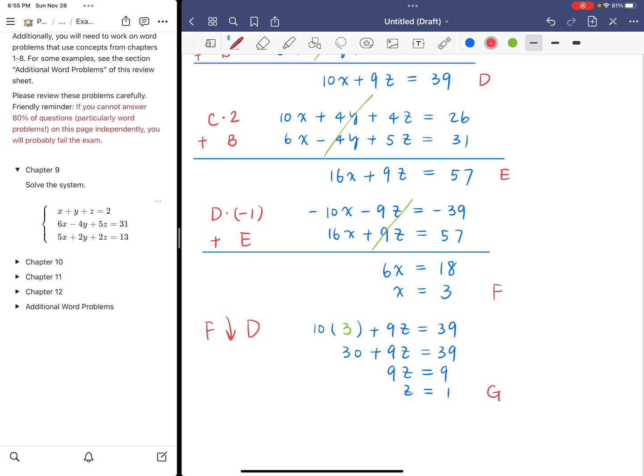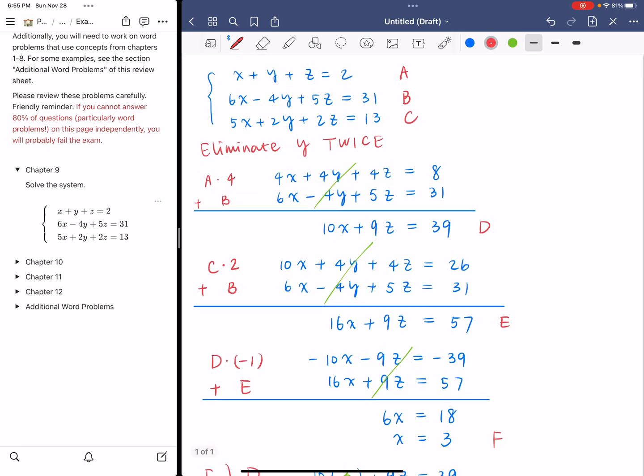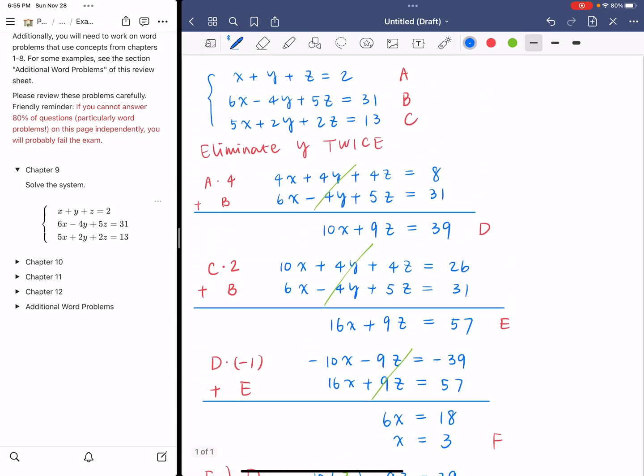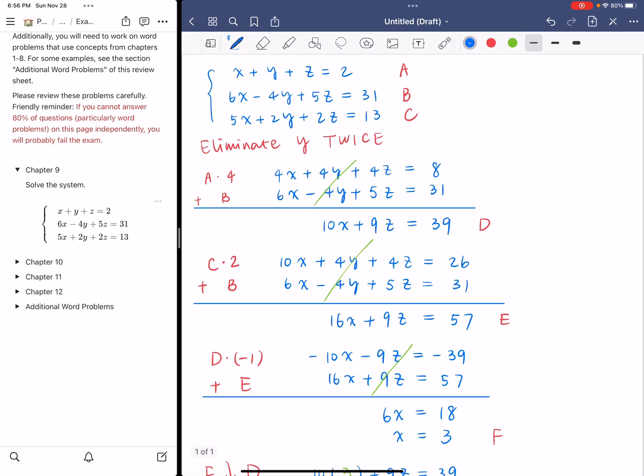So we're almost there. We have one more variable to solve, which is y. And you're going to use either A, B, or C. So I think the best equation to use is definitely equation A, because equation A looks much easier. So I'm going to use F and G in equation A, where F and G are just the values of x and z. What is equation A again? It's x plus y plus z equals 2.